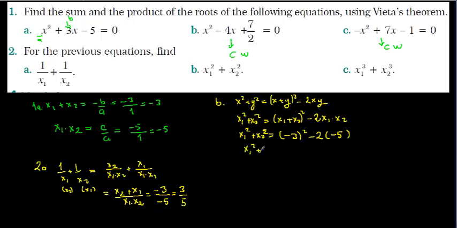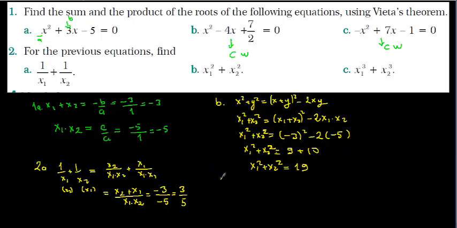So x1 square plus x2 square is equal to minus 3 squared, which is 9, minus 2 times minus 5, which is 10, so we are going to get 19.